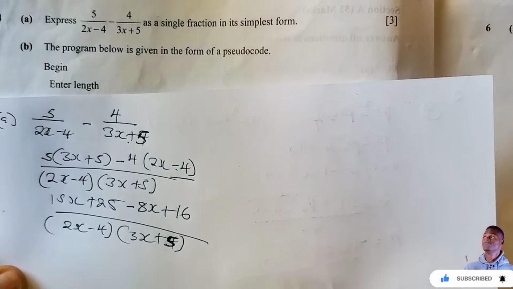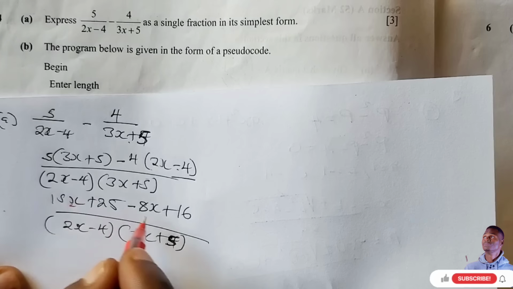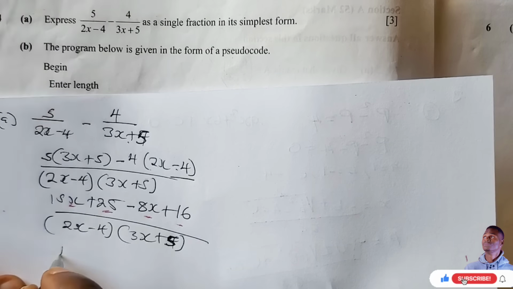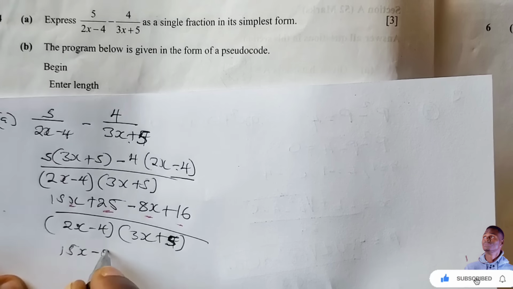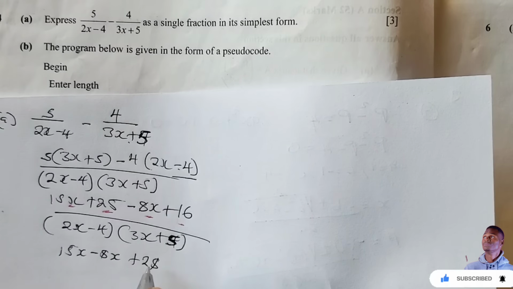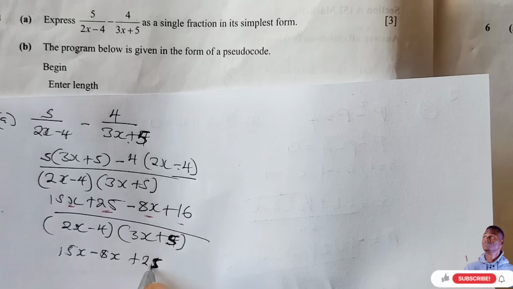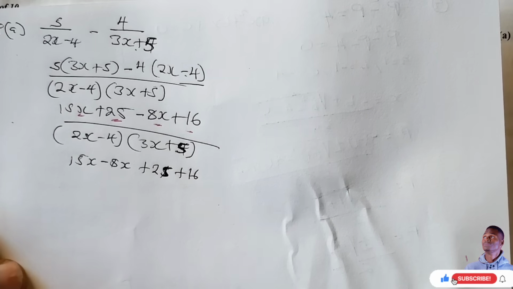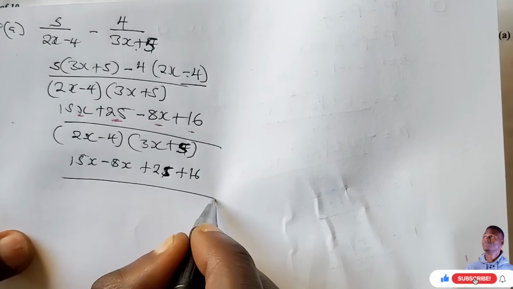Then, like terms: here there is x, and here there is x too. So you're going to group these. You're going to say 15x minus 8x plus 25 plus 16, over 3x plus 5.